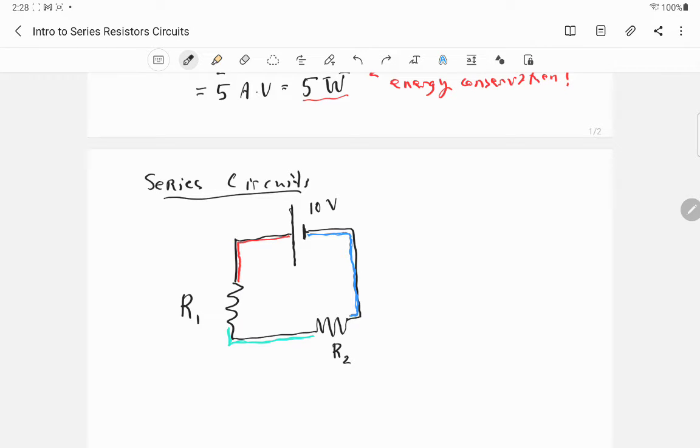The battery is oriented this way, and the current that flows in the circuit flows according to our battery there. So it goes like this. So the current through resistor 1 is downwards, and the current through resistor 2 is towards the right, and the current along the blue conductor is heading this way. So the current is flowing, in this case, counterclockwise, right?